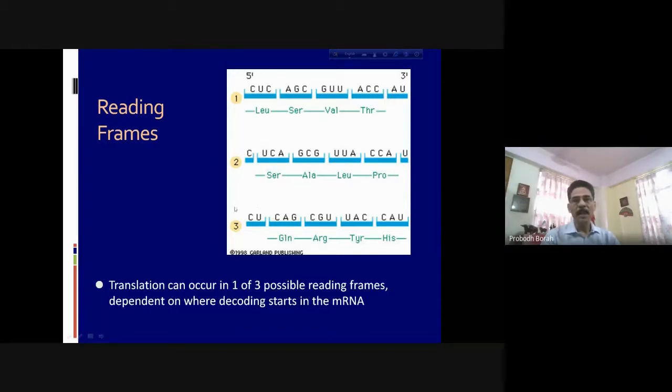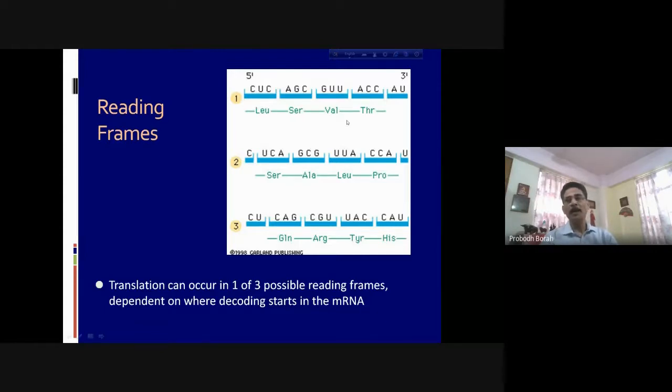Similarly, if we consider that the first two nucleotides are part of the previous codon, and only the third nucleotide is the starting nucleotide of the next codon, then the codons present in this particular sequence will code for glutamine, arginine, tyrosine, and histidine.